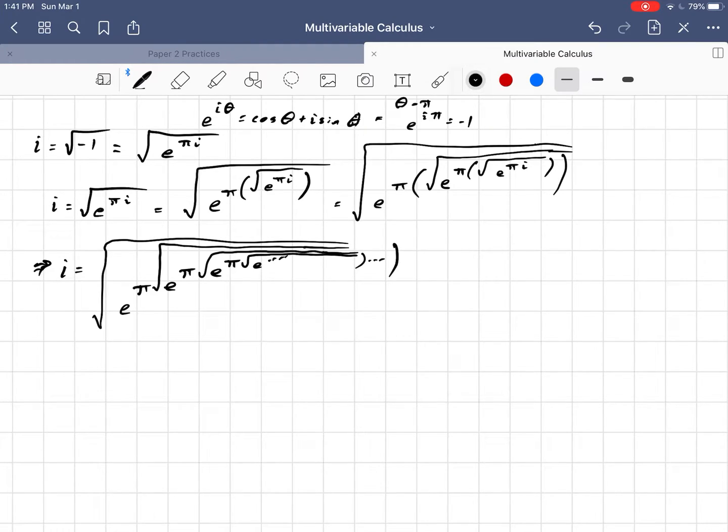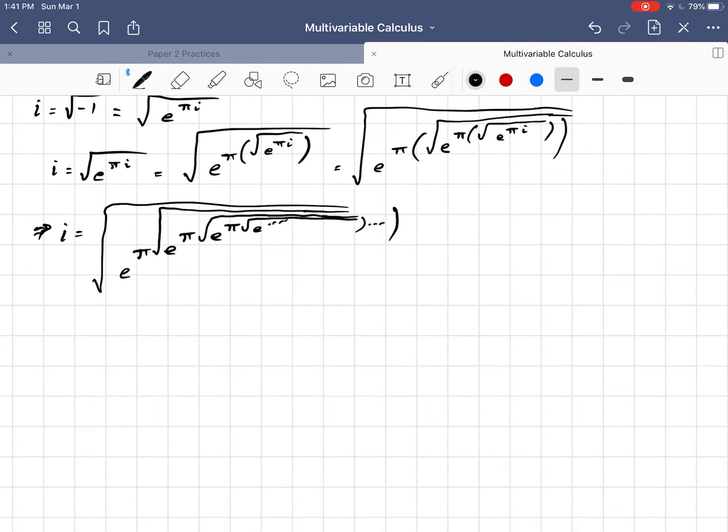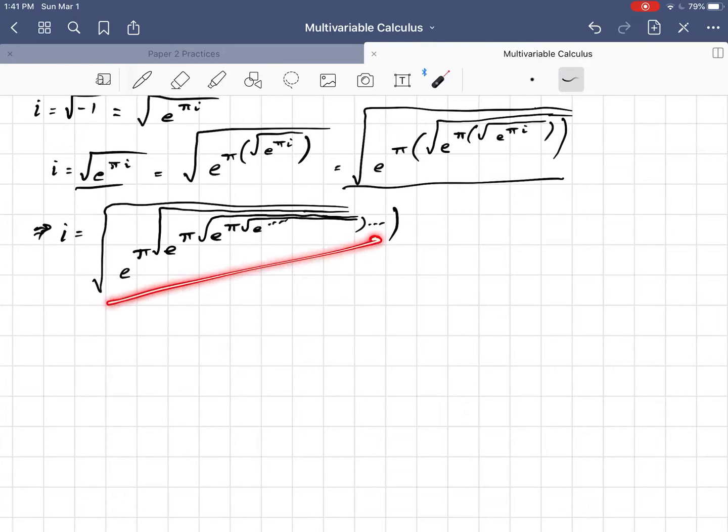But here's my problem with this recursive definition of i. Well, for one, if we were to cut this sequence off at any particular point, in other words, maybe here we were to apply this recursive definition of i one more time, and so we'd have e to the pi square root e to the pi square root e to the pi square root of e to the pi i, and then we just stop right there.